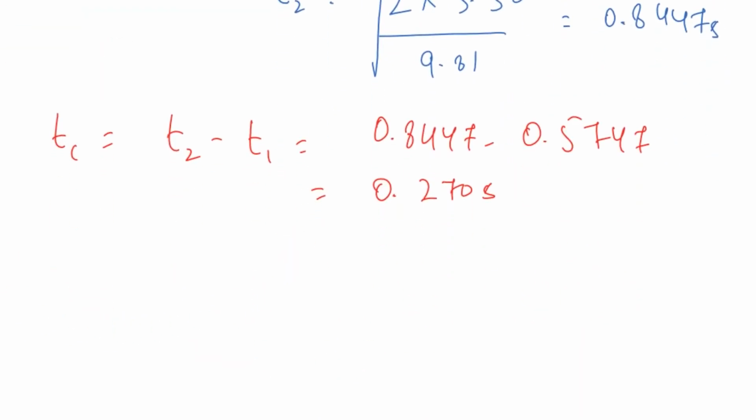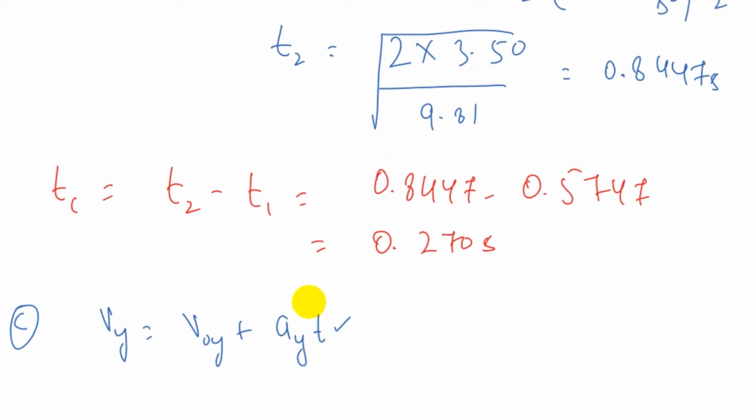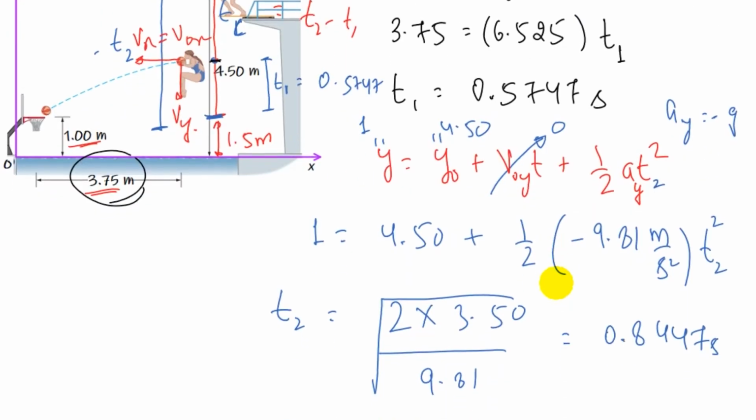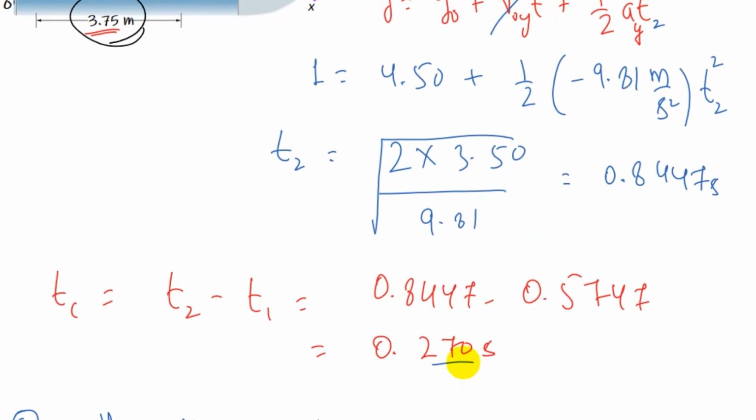So for the Vy, what we can do is consider the motion of the ball in the vertical direction. So Vy we have V naught y plus Ay t. So at any time t we can find the speed in the vertical direction. So at what time do we have to find? At this time, and here the time is 0.270 seconds. This is tc basically.